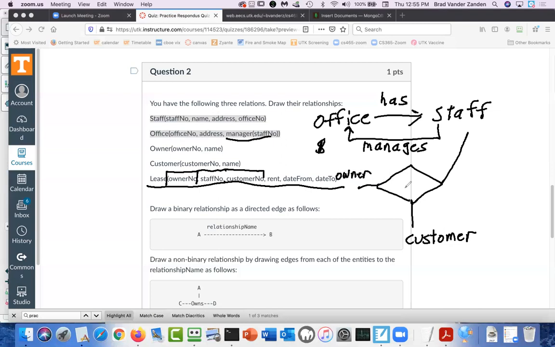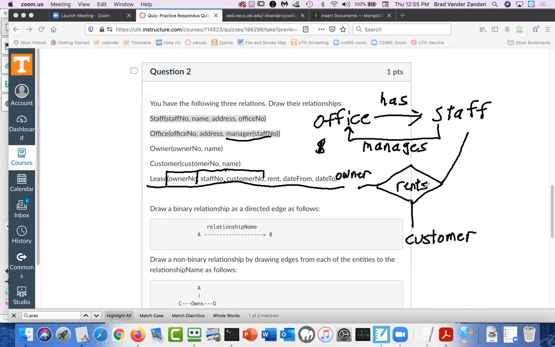So all of this was a rents relationship in some sense, or lease, that a customer signs a lease with an owner and a member of staff, or a staff person has a customer sign a lease with an owner. How do you know what to put in that diamond though?